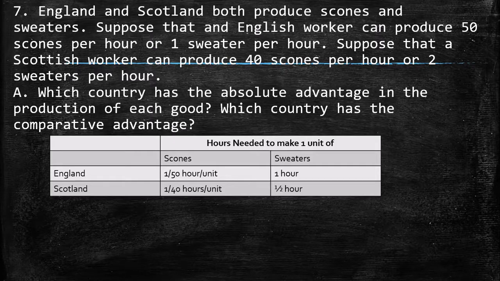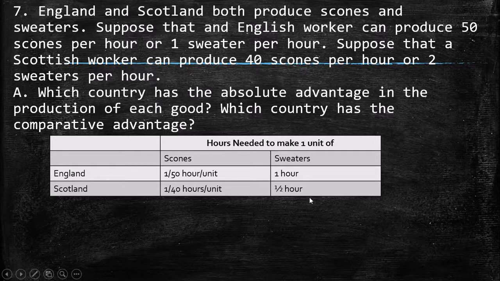So here I summarize all the information in this table. These are the hours needed to make 1 unit of scones and 1 unit of sweater. In this case, we know that an English worker spends 1 hour for a sweater, but in 1 hour he can produce 50 scones. So it means that the hours needed to make 1 unit of scone is 1 over 50.